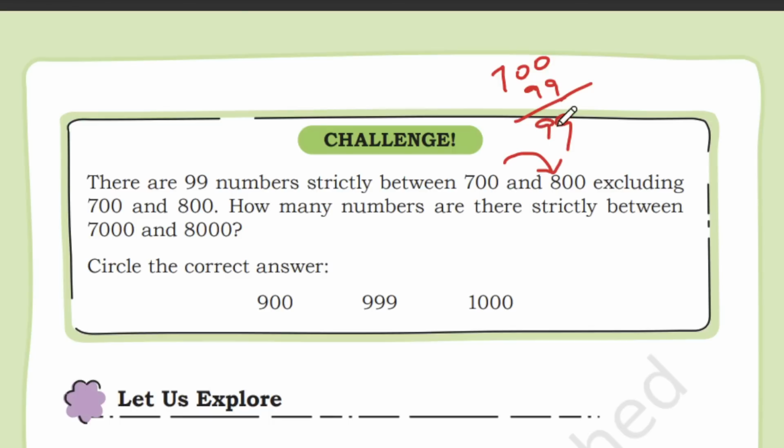You will be getting 799. So if you add 1, exactly you will get 800. Correct? Likewise, how many numbers are between 7,000 and 8,000? It will be like 999 if you add 7,999 plus 1, you will be getting this 8,000.